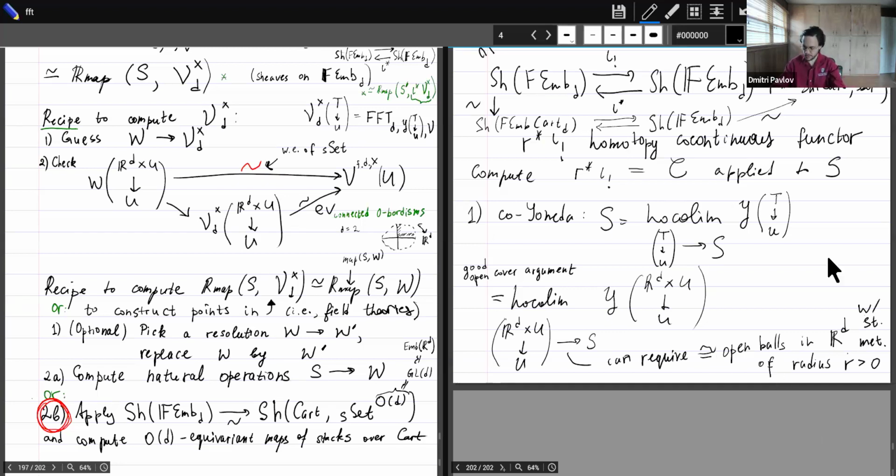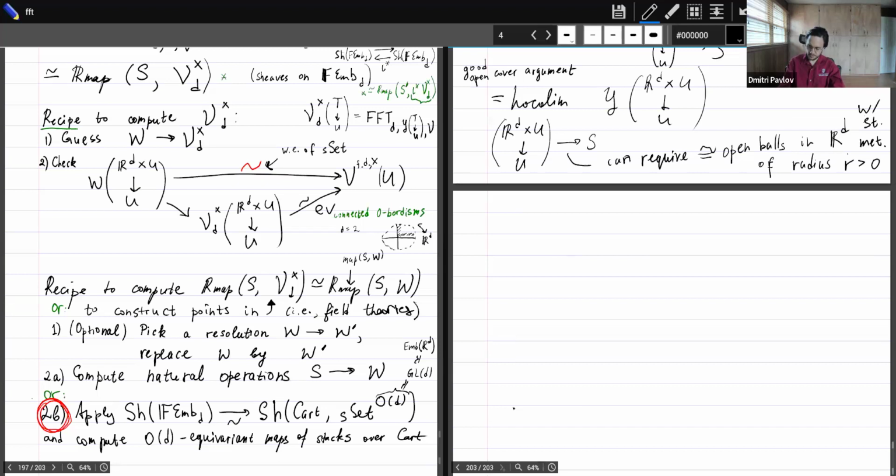This type of argument is once again a good open cover argument. Now, this category here has an explicit description. So the indexing category, let me move on to this page.